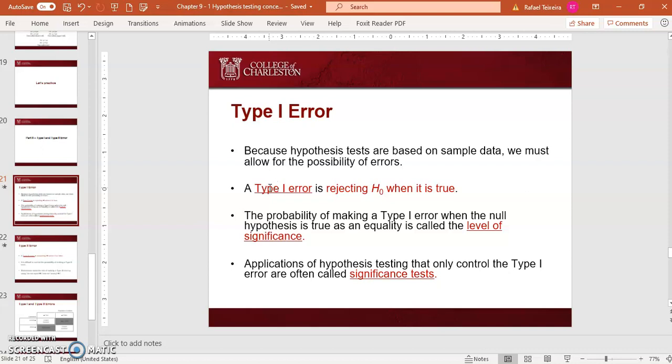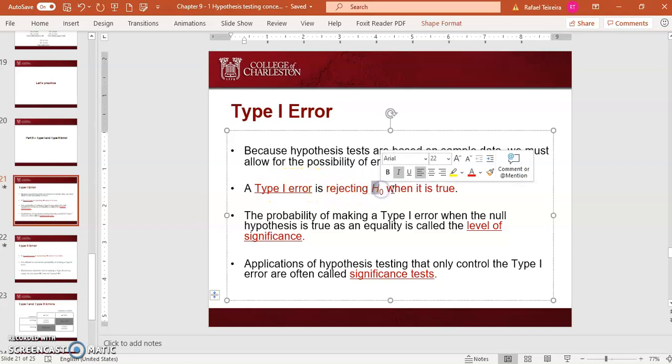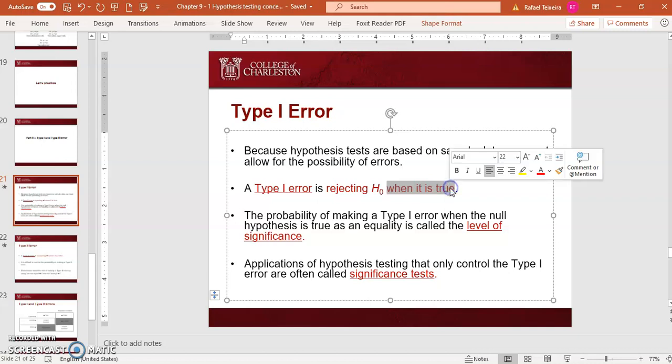The type 1 error is rejecting the null hypothesis, but the null hypothesis is true. So we are committing a mistake of rejecting the current state of affairs, the current status quo, but the current status quo is true. How we control for this type 1 error is using the level of significance.